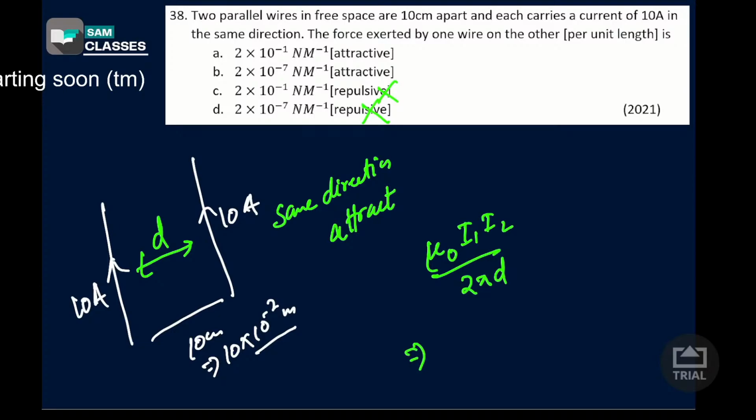So what is the value of mu naught? 4 pi into 10 power minus 7, by 2 pi.